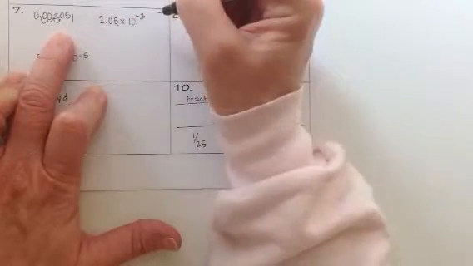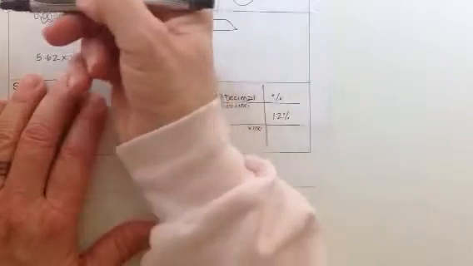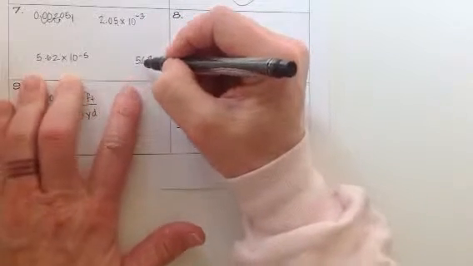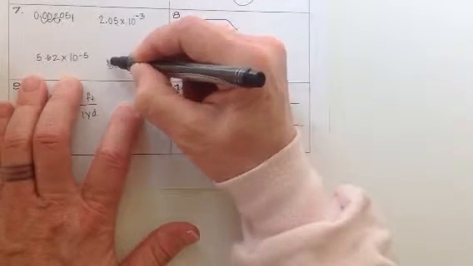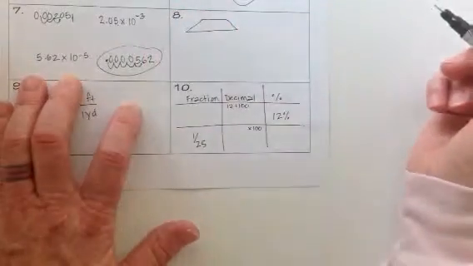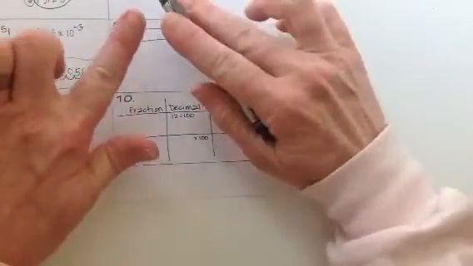So negative 3. Now, 5.62 times 10 to the negative 5th, I'm going to go that way. So I'm just going to write 562. Remember my decimal was here, and I'm going to go 5 places. 1, 2, 3, 4, 5. Bam! That is my answer.